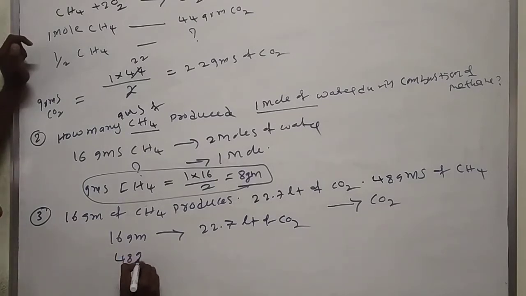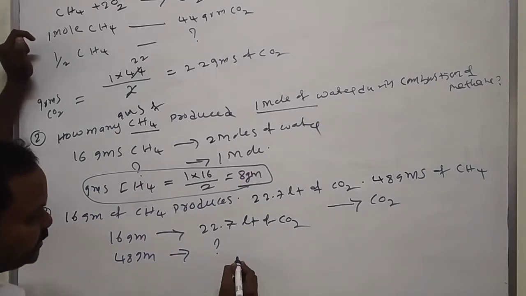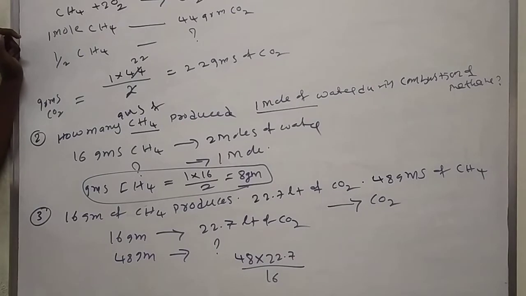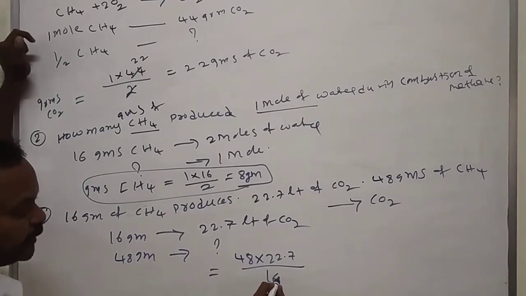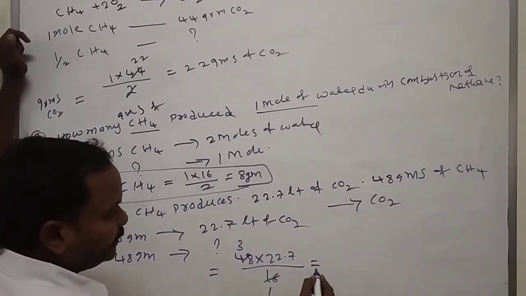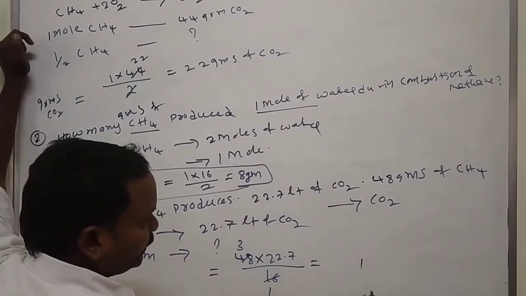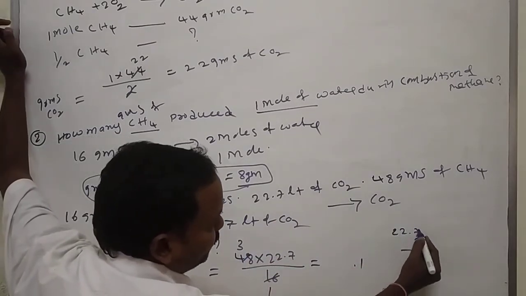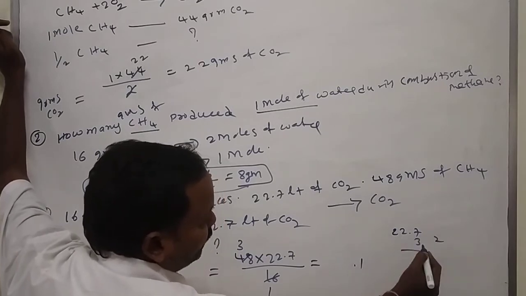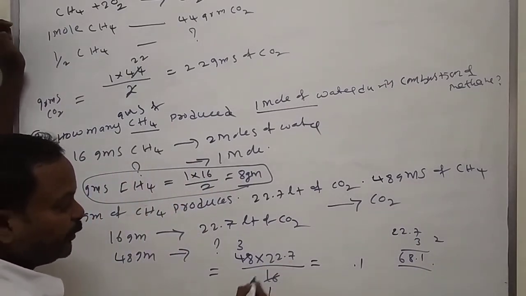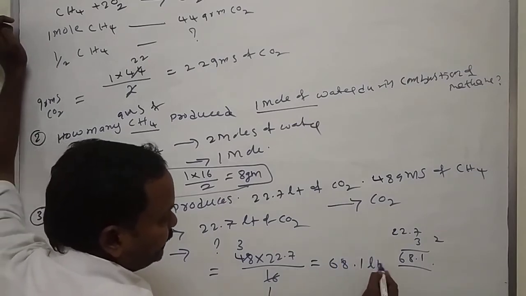48 grams of methane produces how much? Here 48 into 22.7 by 16. 16 threes are 48, so 3 into 22.7. 3 sevens are 21, 3 twos are 6 and 1 carried is 7, so 68.1 liters.